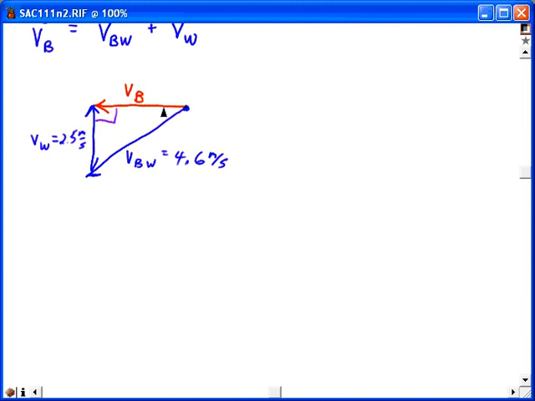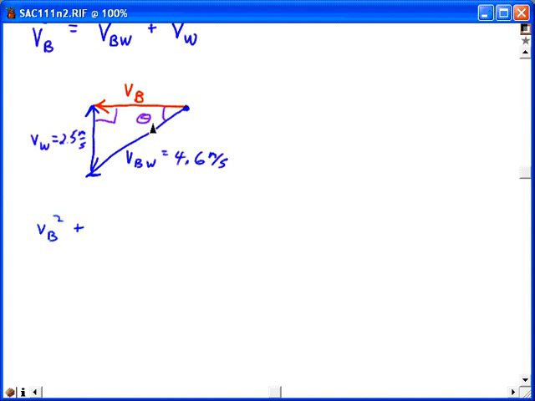What I'm looking for is this angle theta at which the driver has to aim the boat relative to due west in order to make it so that the boat actually goes due west. VB, we should be able to calculate at this point. From the Pythagorean theorem, I can write VB squared plus VW squared; that would give me the magnitude of the velocity.